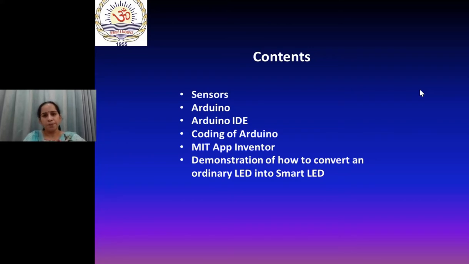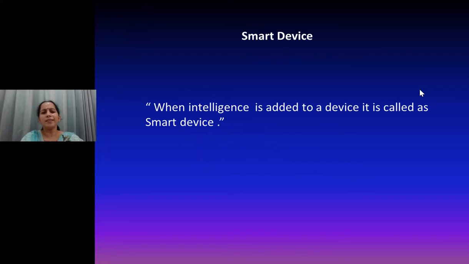To start with, what exactly is a smart device? When intelligence is added to a device, that is called a smart device. Intelligence is the ability to reason, the ability to have different courses of action.